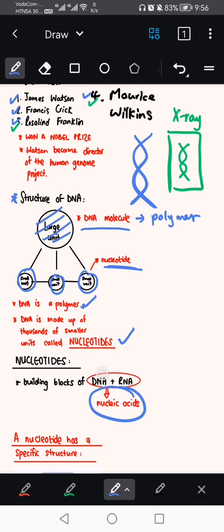Now, nucleotides, dear 12s, have two categories, depending on what you are explaining. And we're going to look at that in depth. Whether you are explaining DNA replication or protein synthesis, there are words you need to use. You're either going to say DNA nucleotides or RNA nucleotides, right? So you will have DNA nucleotides.